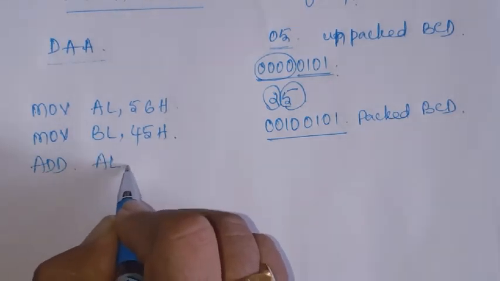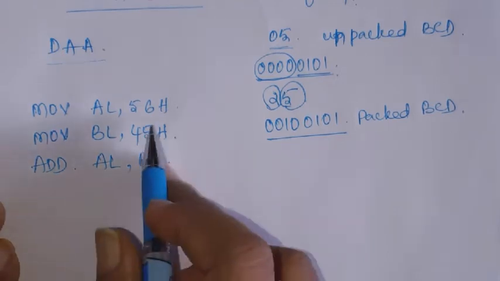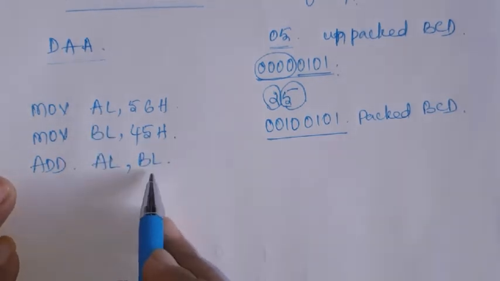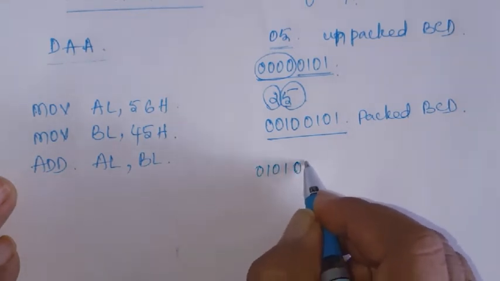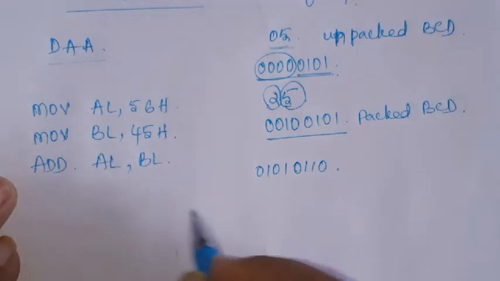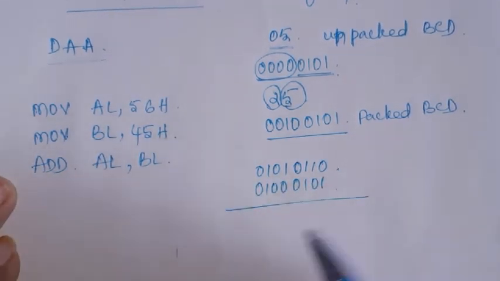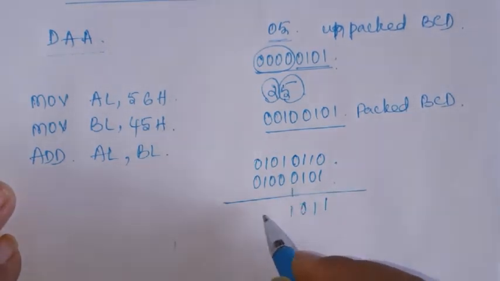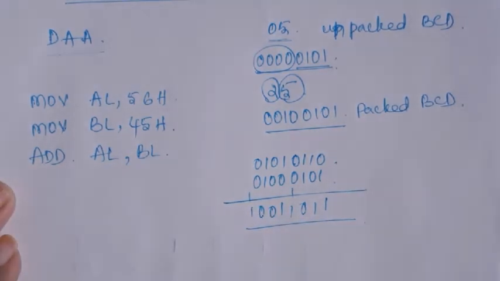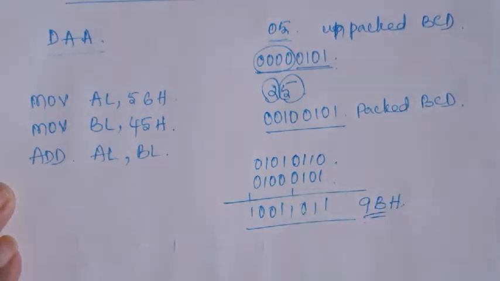If I say ADD AL, BL, what happens when this instruction is executed: 56 is added with 45. Internally addition will be in binary, so the result is 9B in hexadecimal.